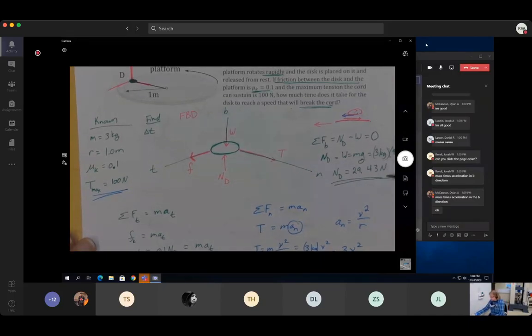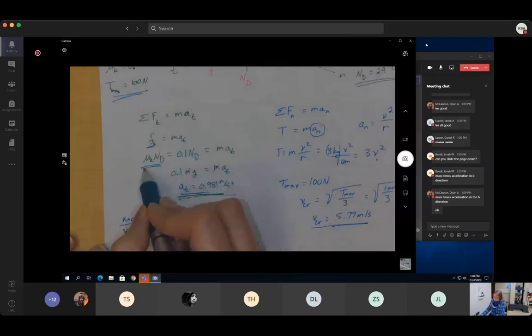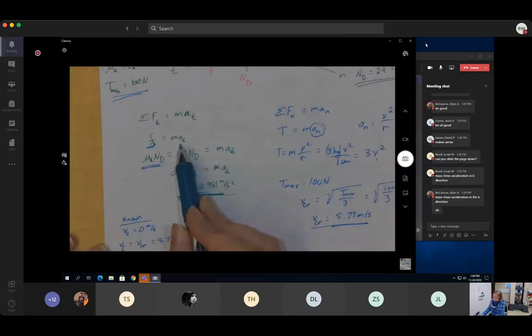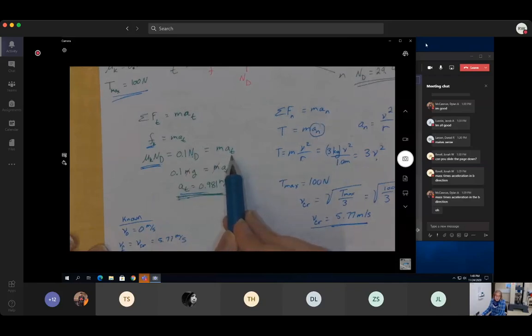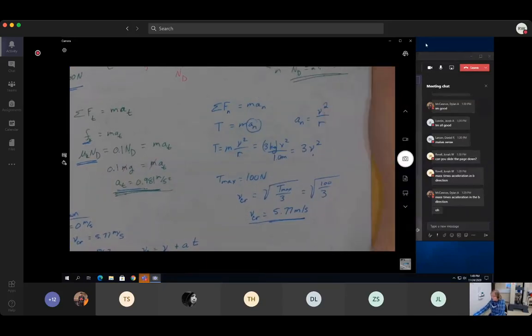And so we solved for what that normal force had to be equal to so that we could come up with a friction force that was going to give us our acceleration in the tangential direction that would be changing our speed. We came up with that value. Then we used normal direction and the forces there to figure out, as we're picking up speed, what the tension has to be to keep that disc moving in a circle.